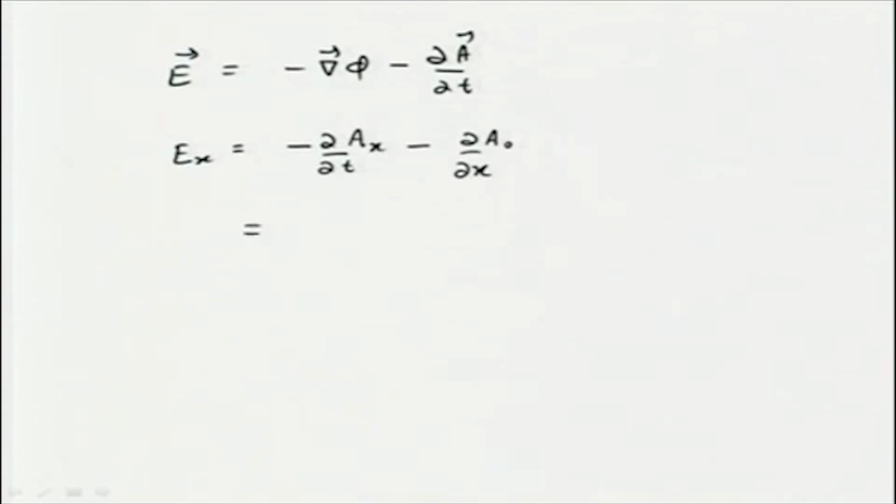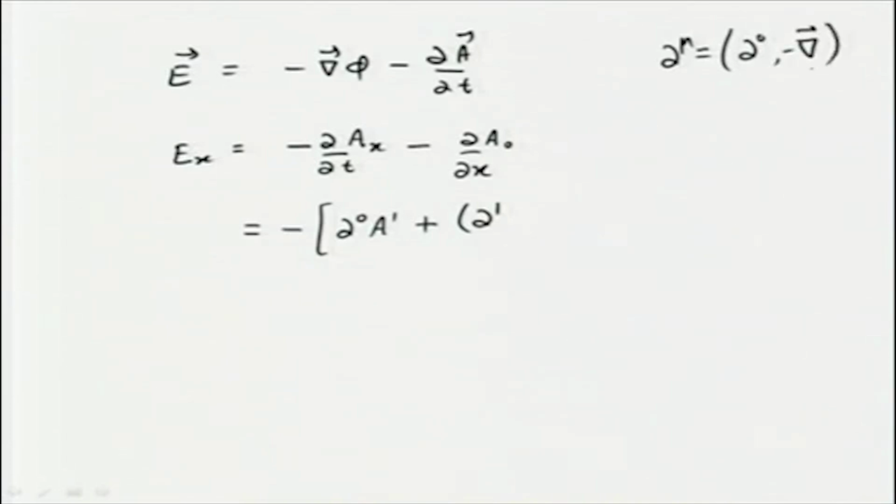So, this is equal to minus dou by dou t is dou 0 A 1 minus, so now it should be plus dou by dou x is actually minus dou by dou x is dou 1. So, we have dou mu equal to dou by dou t which is dou 0 and minus grad.